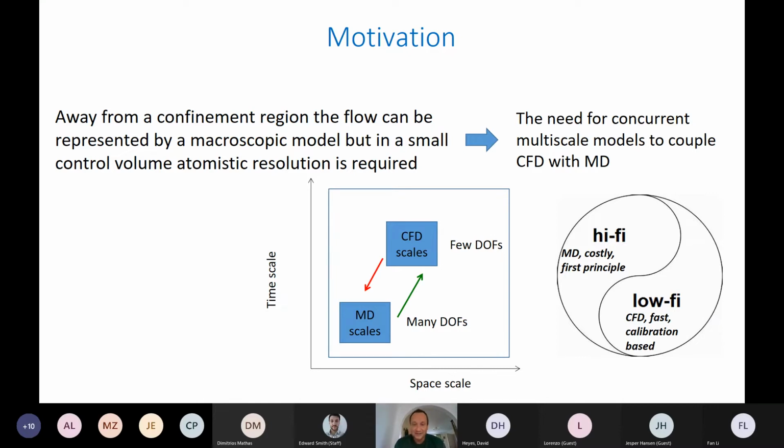Of course, this balance between the large scales and the small scales is delicate, because typically the high-resolution method, which is molecular dynamics here, although it is first principle, is costly, whereas with continuum fluid dynamics you can do lots of simulations, but you will need to acknowledge that there is a certain limit of applicability of this model.